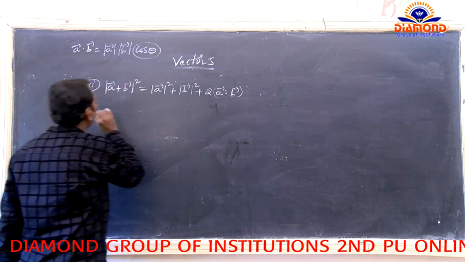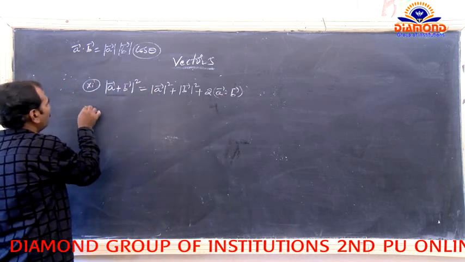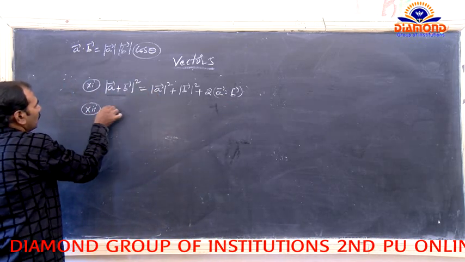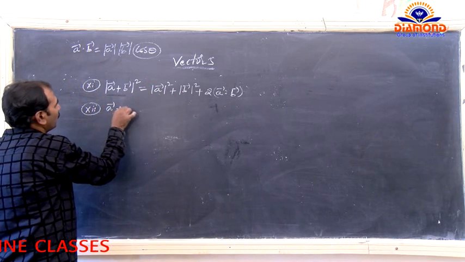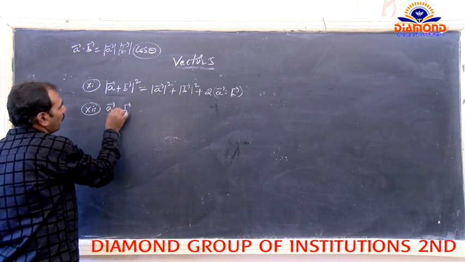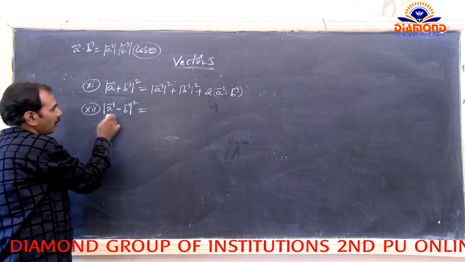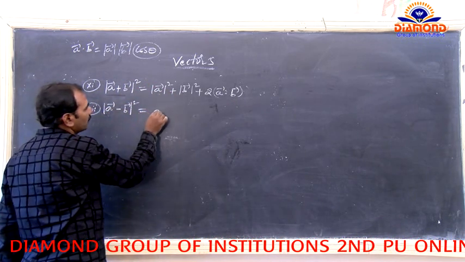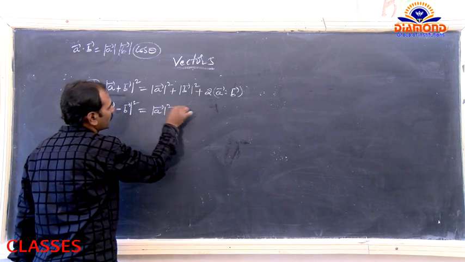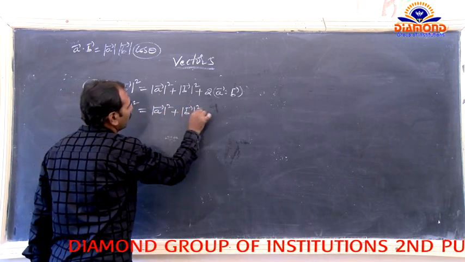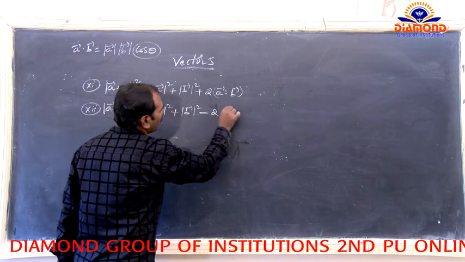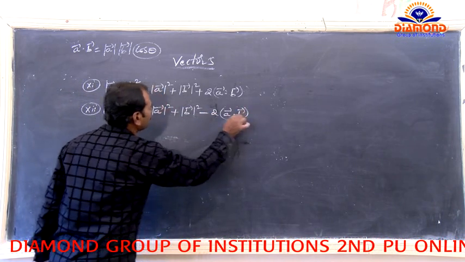This is the (A plus B) whole square formula. Next, magnitude of vector A minus vector B whole square means (A minus B) whole square. It means magnitude of A square plus magnitude of B square minus 2 A vector dot B vector.